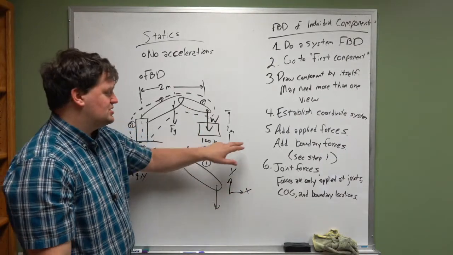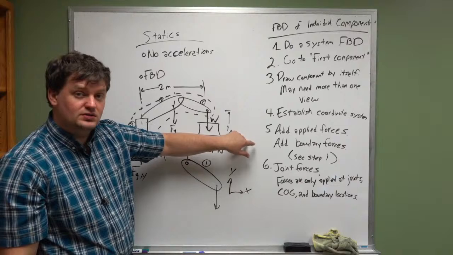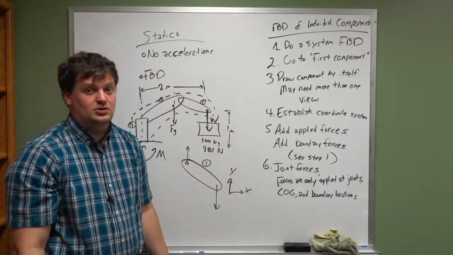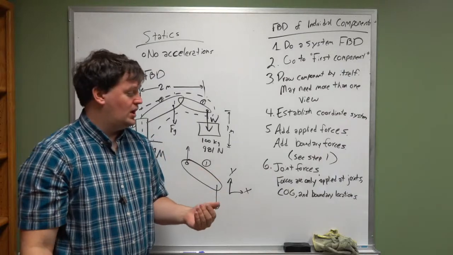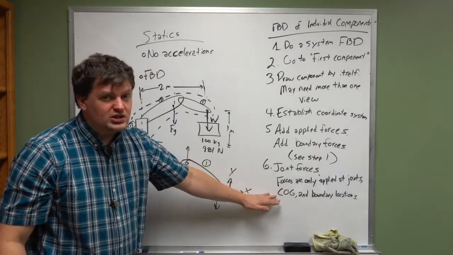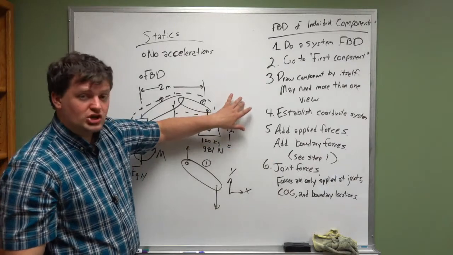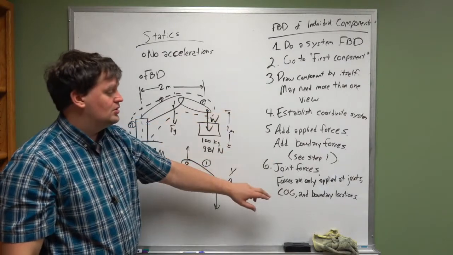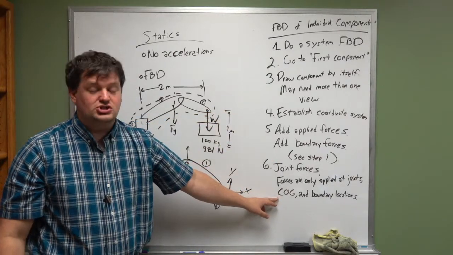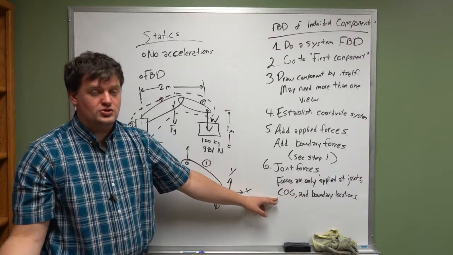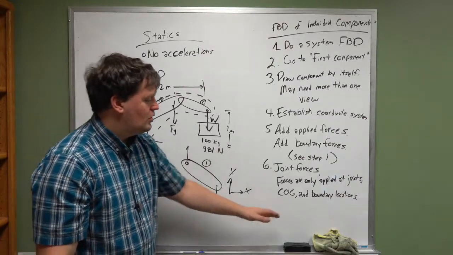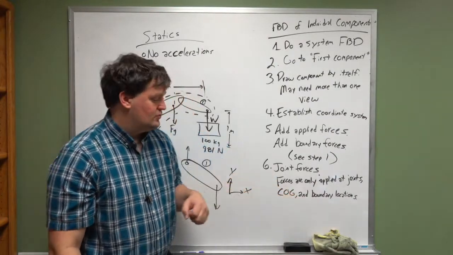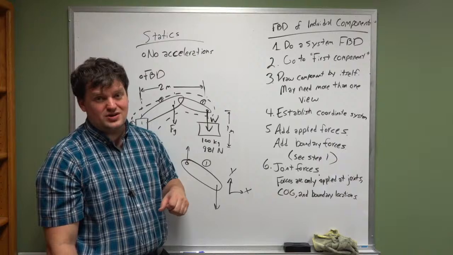That's what it is. If I touch the board, I've created a joint between my finger and the board. Yes, I'm using a loose definition of joint, but you've got to think of joints that way. Forces are only applied at joints, meaning there's a contact, at the center of gravity, which usually happens through the force of gravity or through a magnetic force, and at boundary conditions, which is another joint.